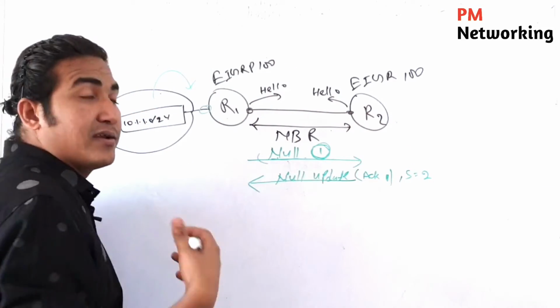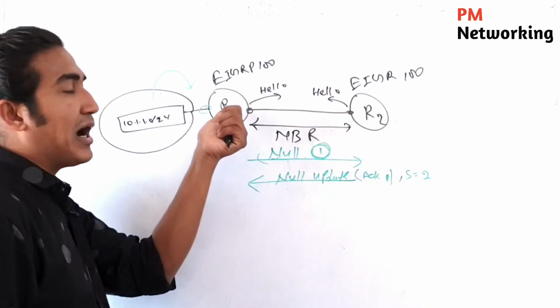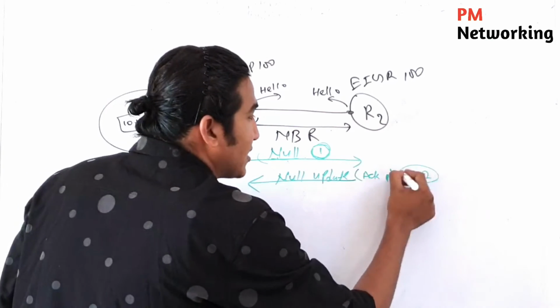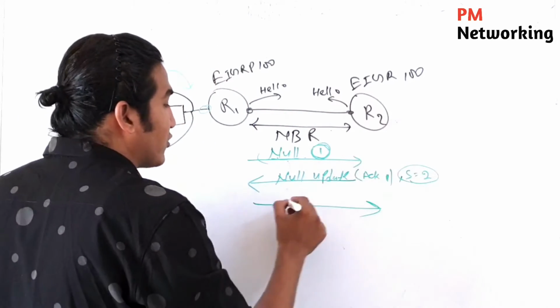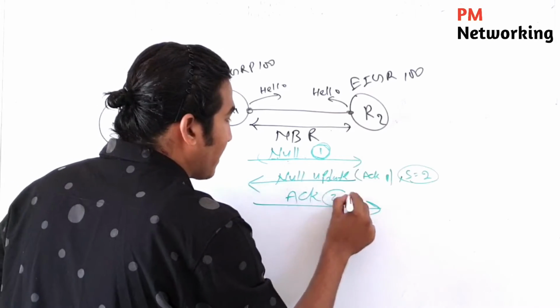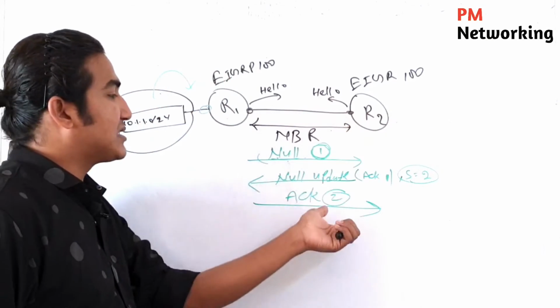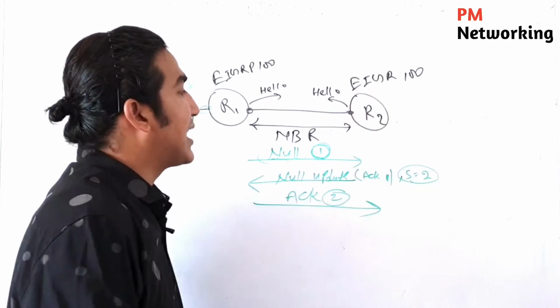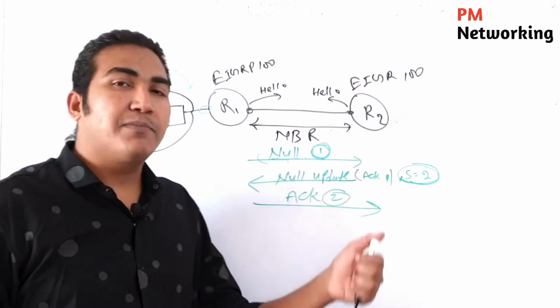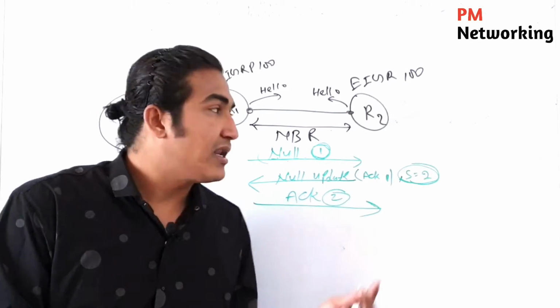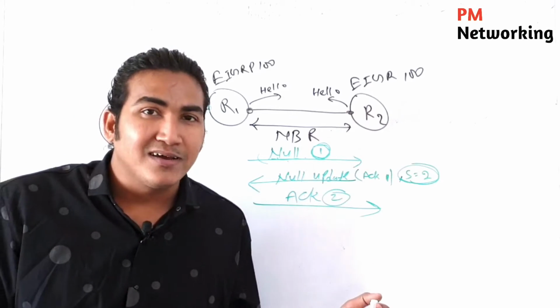R1 is sending 1, R2 is sending one null update to R1 using sequence number 2, and then this router will acknowledge with acknowledgement number 2. Now when this router receives the acknowledgement, it will come to know that R1, my neighbor router, received my null update. Now bidirectional connectivity is done.